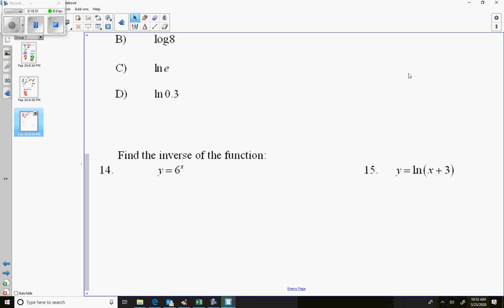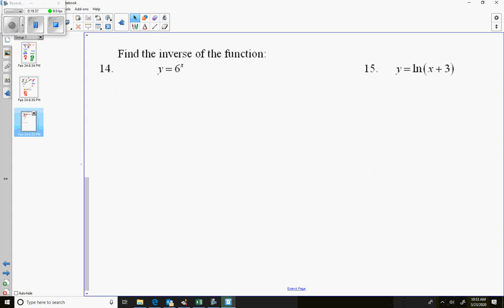All right, and we got one last thing to do, and that's the inverses. So, find the inverse of the function. Again, how do you find an inverse? Switch x and y. So we have x equals 6 to the power of y. And then I want to solve for y. Well, when you are stuck in one form, you change it to the other form. Right now we are stuck in exponential form, so we're going to change it to logarithmic form. When I do that, the base of my exponential will be the base of my logarithm.